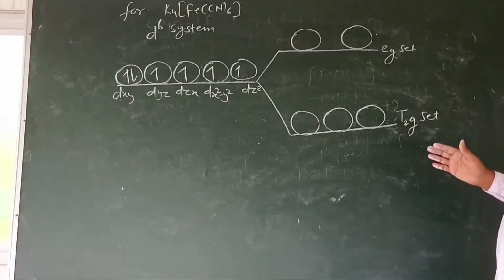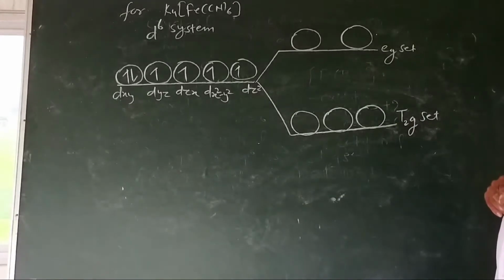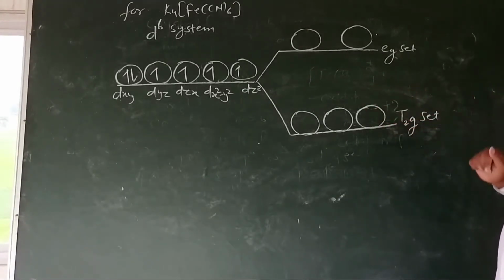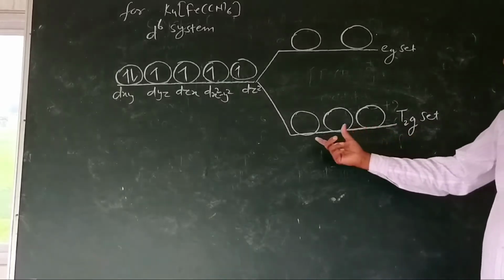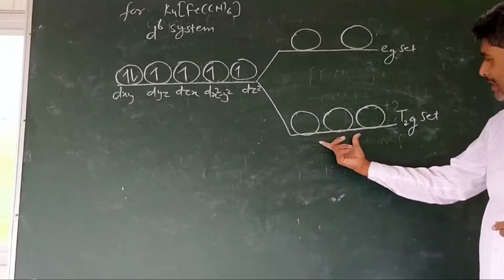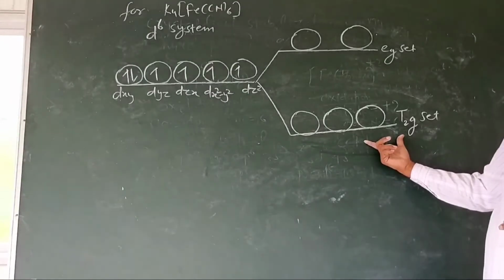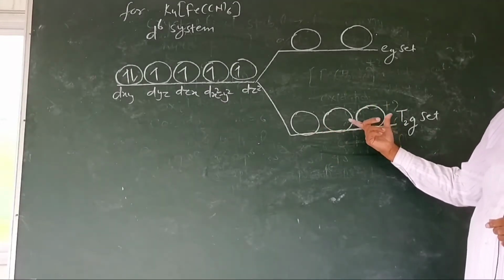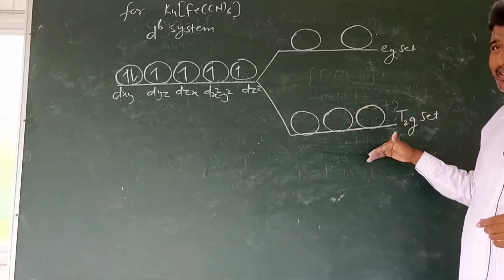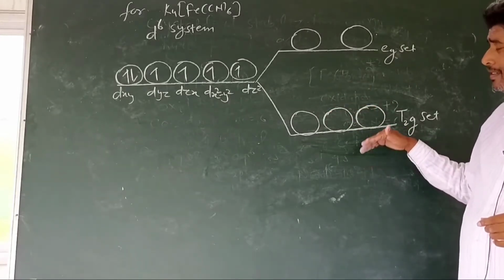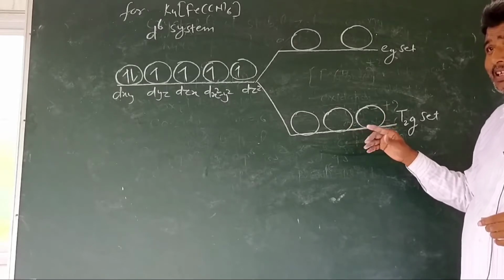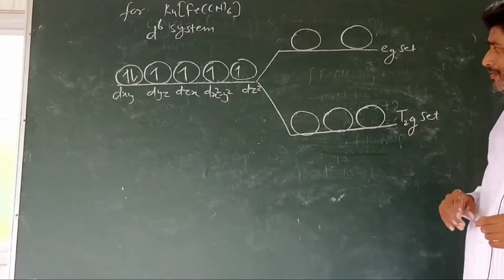Electron first occupies the lower orbital, which means electrons will enter the T2G set. Here there are 3 orbitals in the T2G set, and all 3 are degenerate. Degenerate means having the same energy. If degenerate orbitals are available, then distribution follows Hund's rule.